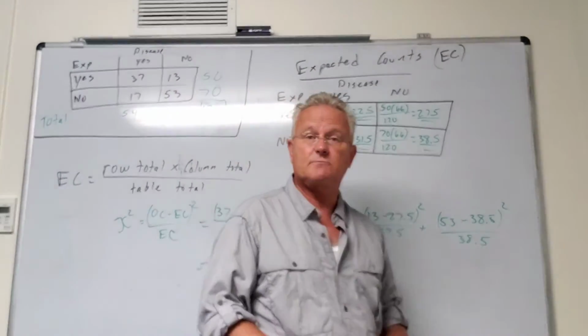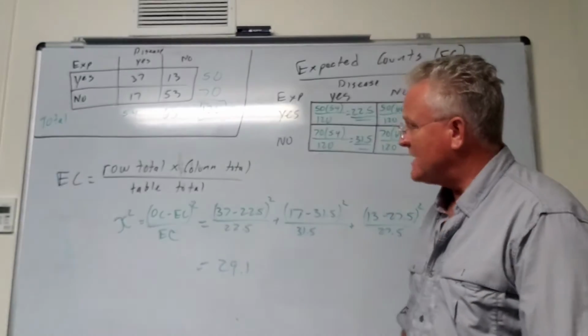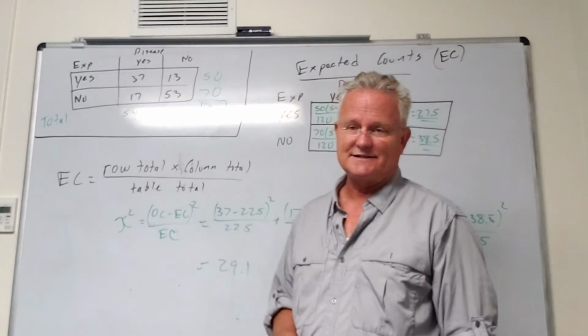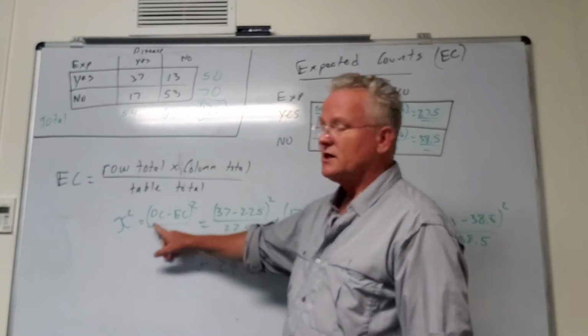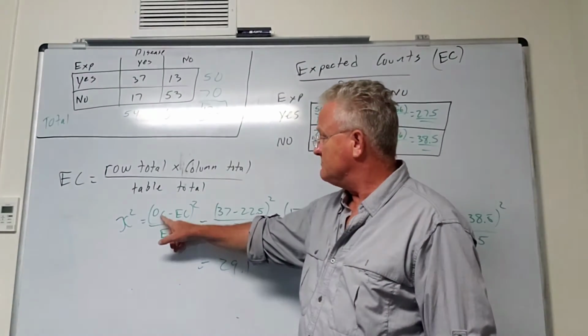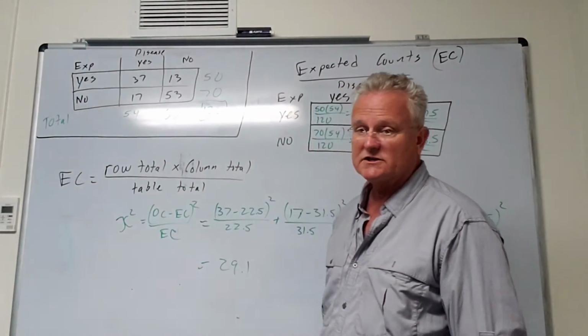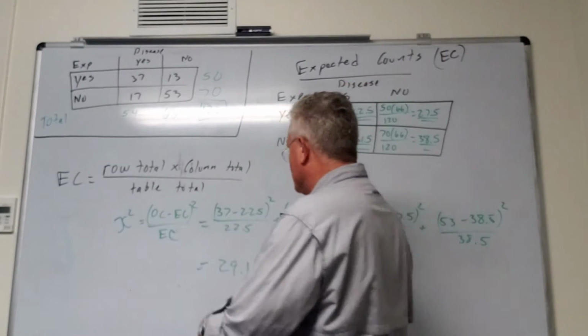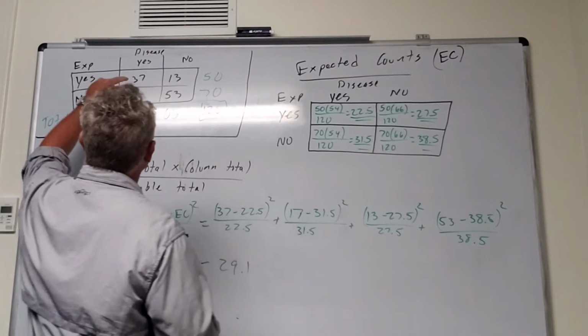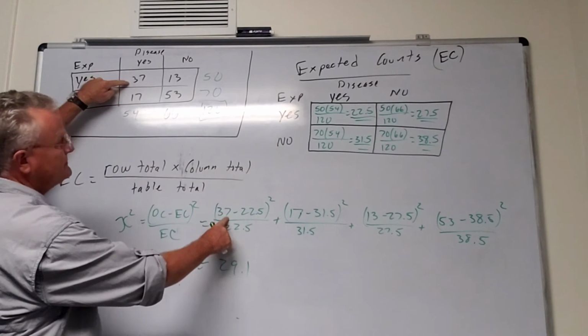So now we're asked to, by hand, calculate the value of the chi-squared test statistic. Well, the formula for the chi-square is observed minus the expected, that quantity squared, over the expected. So for this cell, the observed is 37.